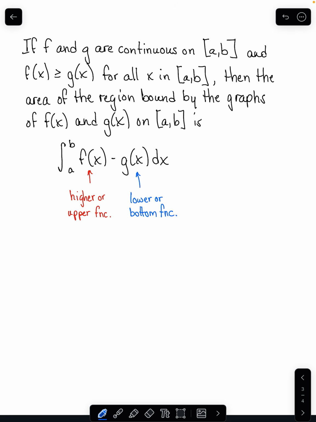The idea is that one of these functions will bound the region at the top and the other will bound it at the bottom, and the order of subtraction does matter. And in order to distinguish that, we're going to need to look at the graphs.